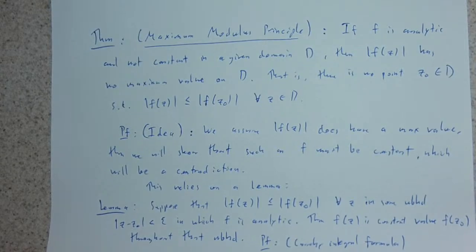This passes through something called Gauss's mean value theorem, which is basically you look at the Cauchy integral formula and do a change of variables into polar coordinates, and you get something that is sometimes called the mean value theorem or the Gaussian mean value theorem. But this is what's going on.